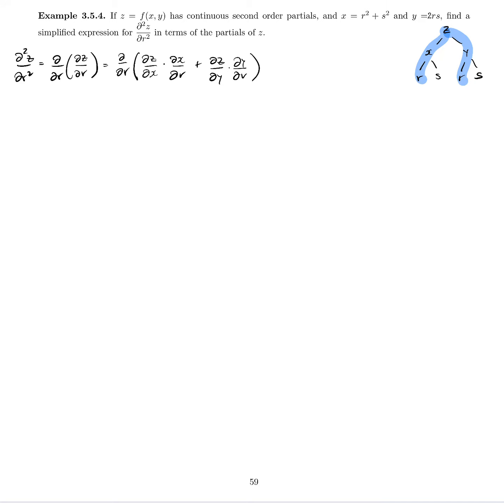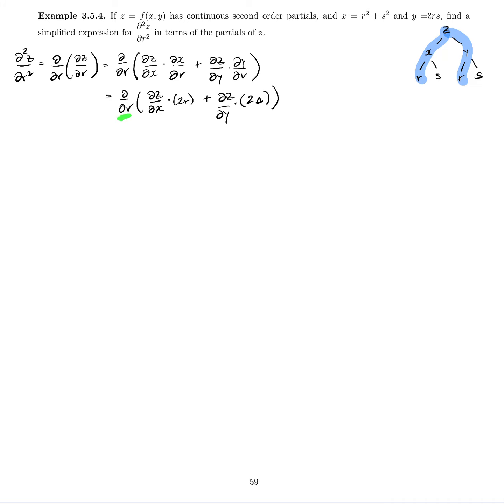Now, we cannot evaluate ∂z/∂x because there's no rule given, but ∂x/∂r and ∂y/∂r we can evaluate. So let's write that: ∂/∂r of ∂z/∂x and ∂x/∂r is 2r, plus ∂z/∂y, which has to remain as that expression, times, if we take the derivative of this expression with respect to r, we are going to get 2s.